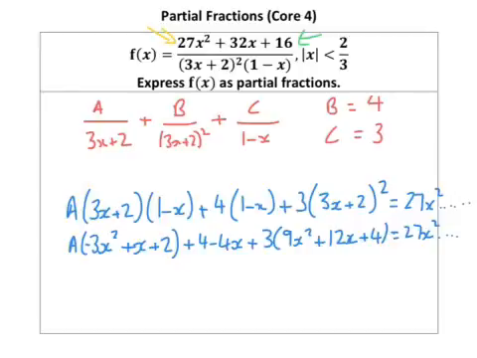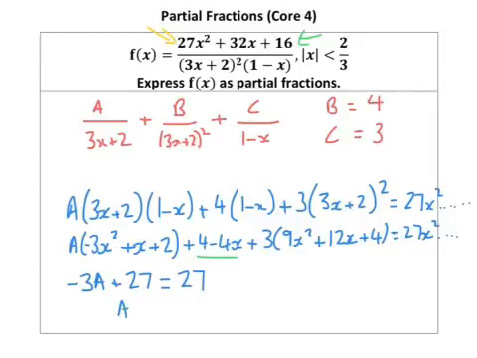And then I'm going to have a look at the squared part. There's no squared in the middle part, so I can't use that, but there is a squared here. So that should be plus 27, has got to equal 27.